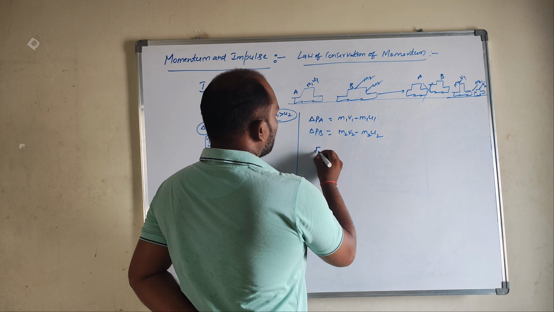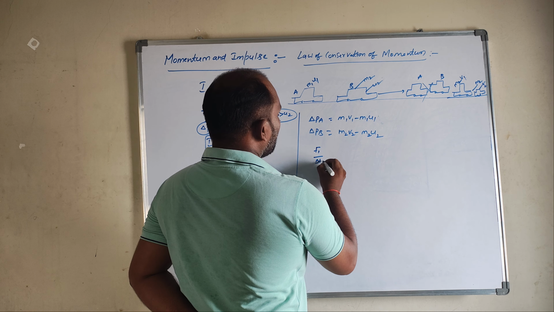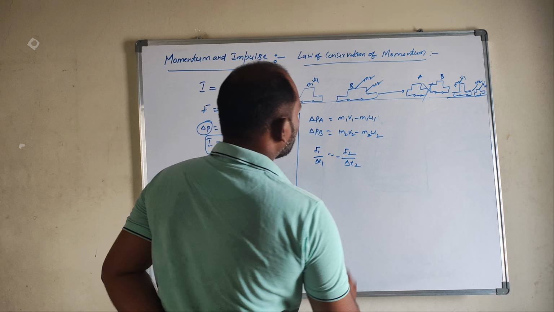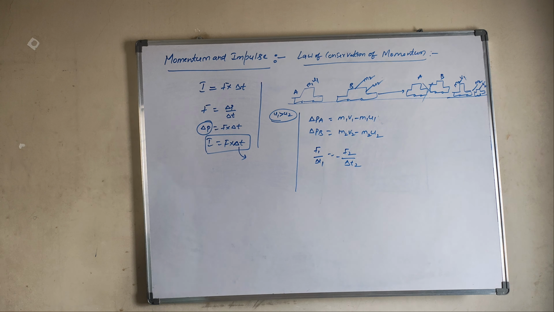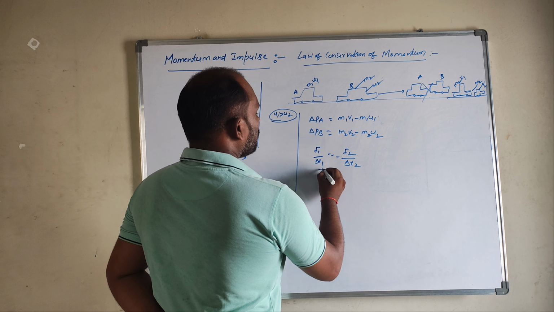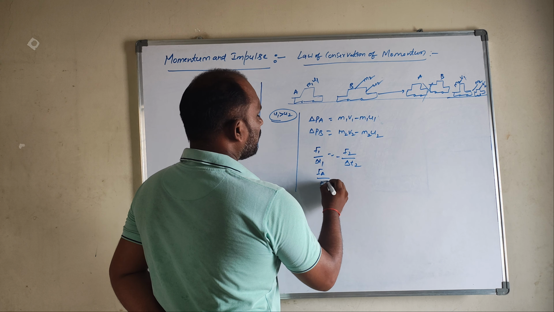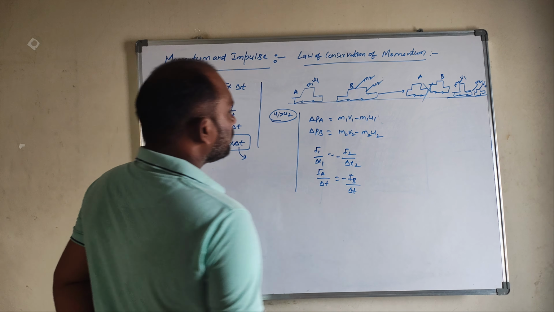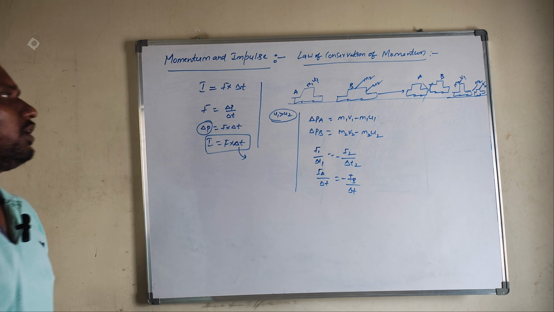That is the reason F1 by delta t1 is equal to F2 by delta t2, in opposite directions but with the same value. So F of A is equal to minus F of B. What is the formula here?